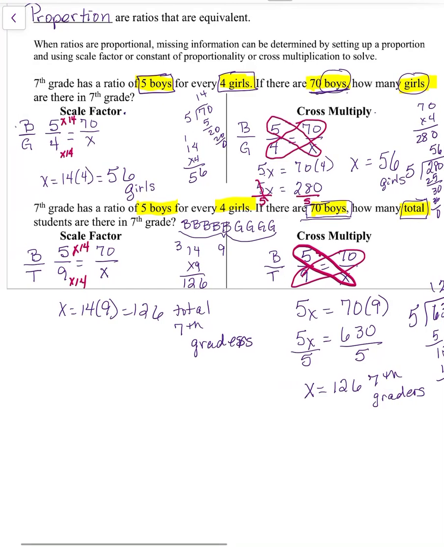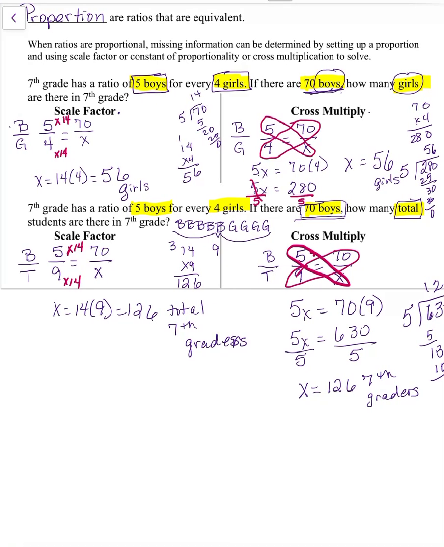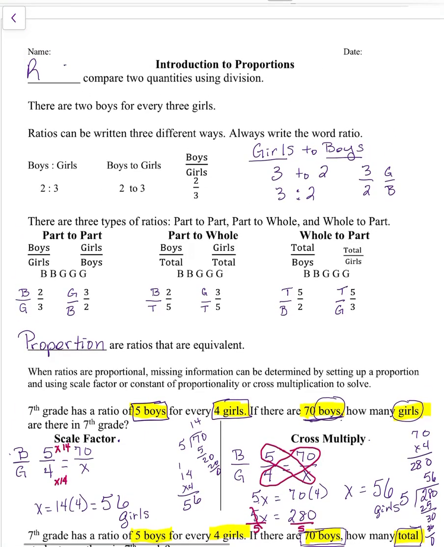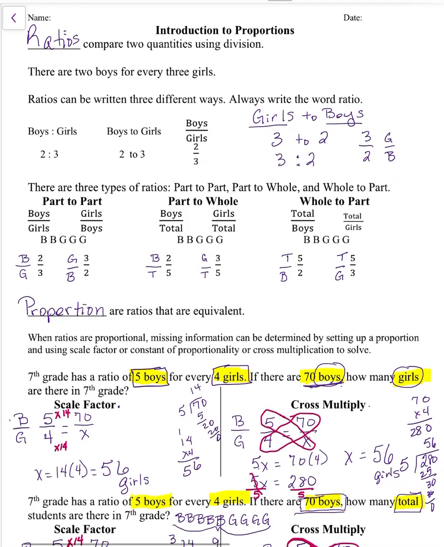Okay. So I'm hoping that kind of refreshes your memory about proportions. We are going to be doing lots of examples of these, so don't worry. You're going to have lots of practice if you've forgotten. Make sure that you have gotten all these notes down. All the notes are important, especially because it's been a while since you've done it, and you're going to need to look back at this. Proportions is a really important concept in 7th grade.